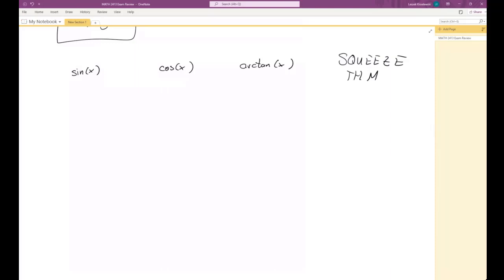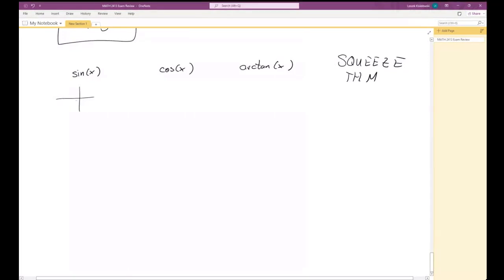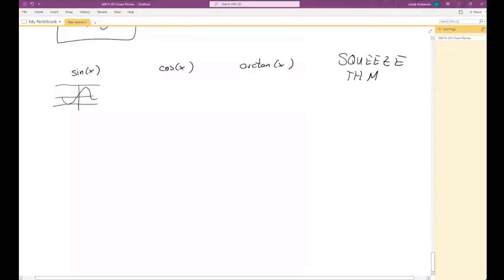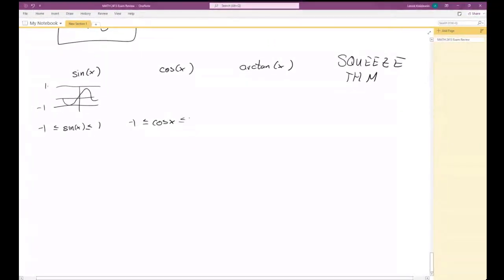So we know that sine always returns a number between negative and positive 1. So we say sine is a bounded function, right? It's bounded by 1. And cosine likewise is bounded by 1.